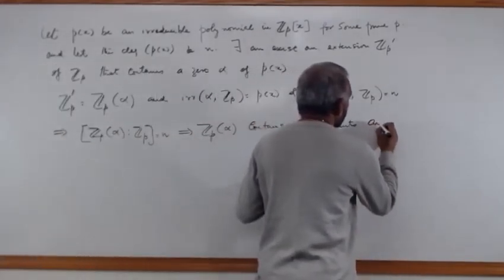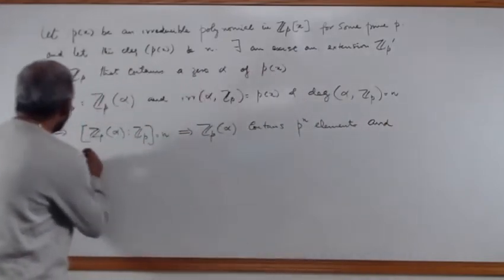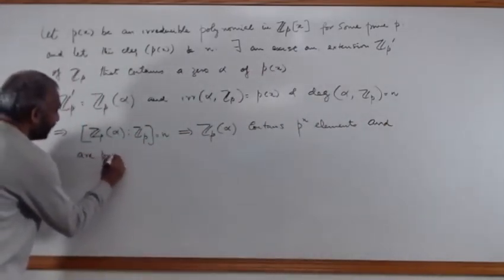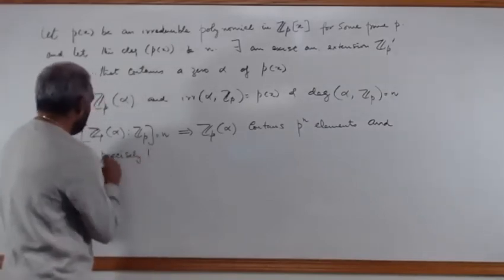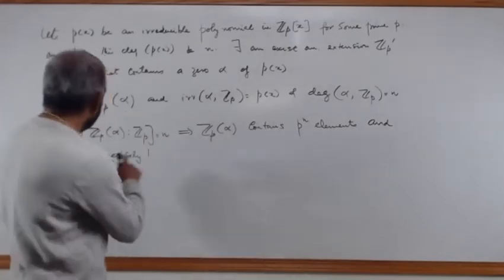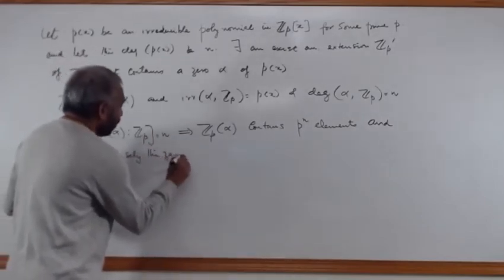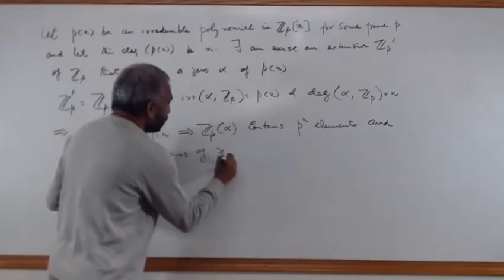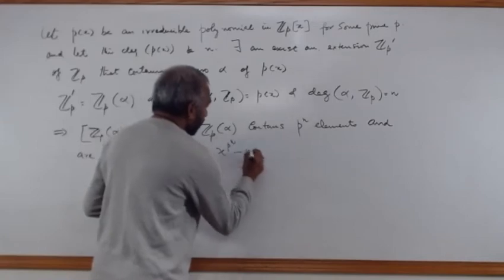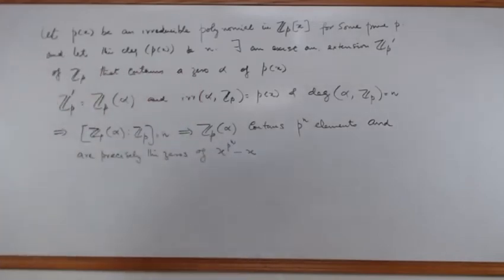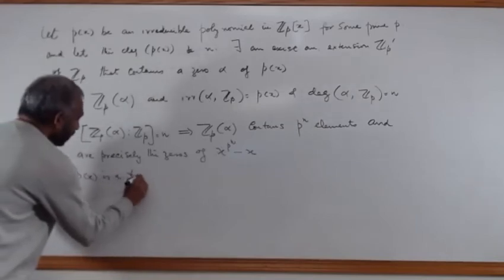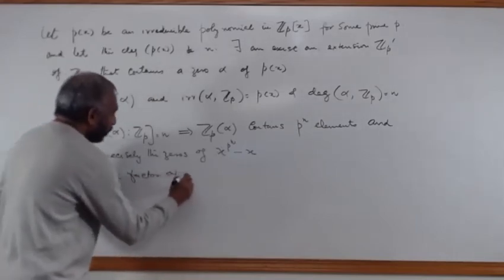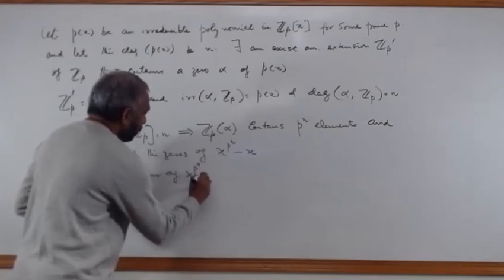and the elements are precisely the zeros of x to the power of p to the power of n minus x. And that implies p of x is a factor of x to the power of p to the power of n minus x.